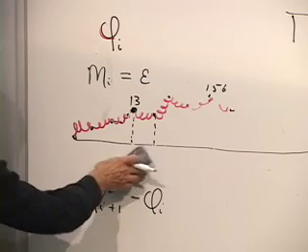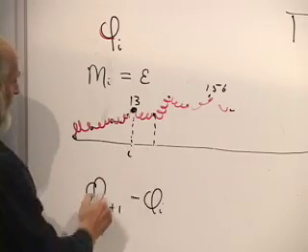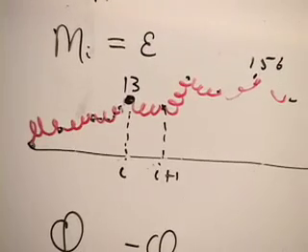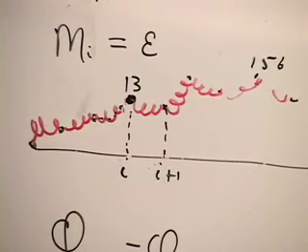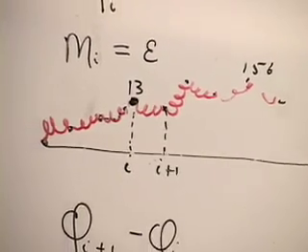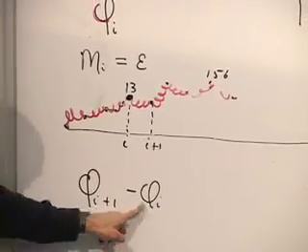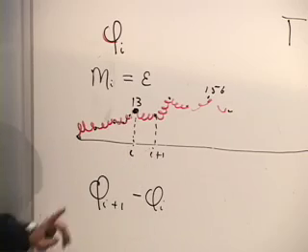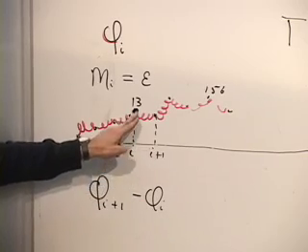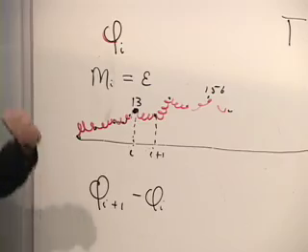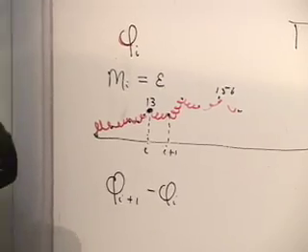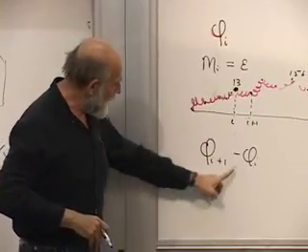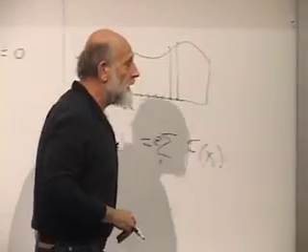So for example, this might be the ith particle, this might be the I plus first. I plus 1 could be 7, I could be 6. This is how much the spring connecting I and I plus 1 is stretched. If I and I plus 1 are at the same height, that spring is not stretched. It's when they're pulled apart that it's stretched. So that's how much it's stretched.